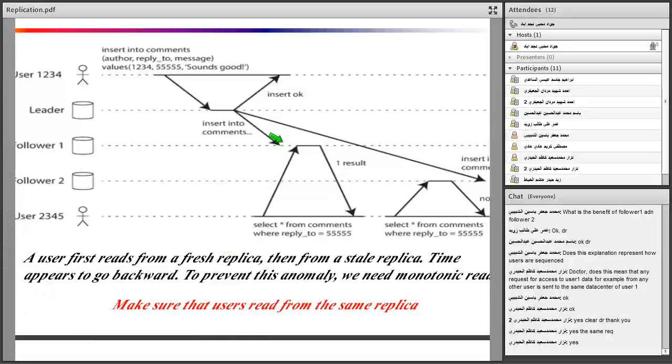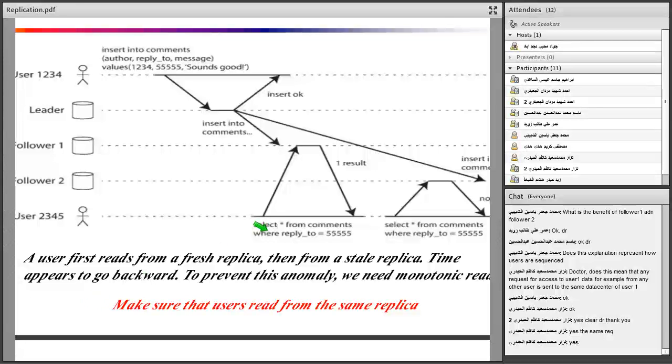A user first reads from a fresh replica, follower 1, then from a stale replica, follower 2. Time appears to go backward. To prevent this anomaly, we need monotonic read: make sure that the user reads from the same replica. This is the technique for this challenge.